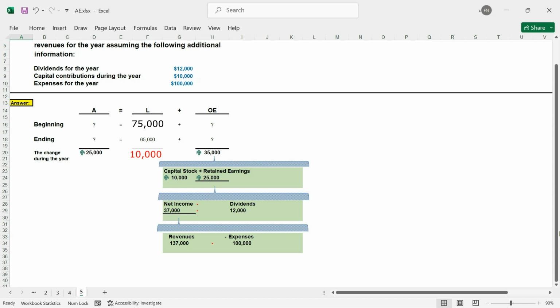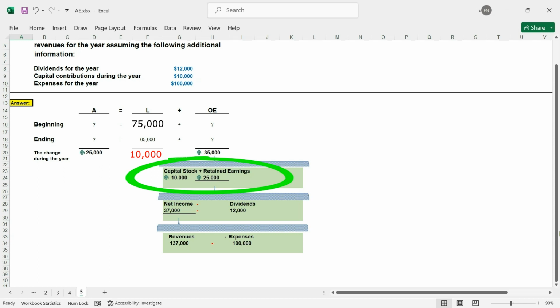Remember that any increase or additional resources provided by the owners is explained either by capital contributions during the year or by allowing earnings, assets created through profitable operations, earnings to be retained in the business.